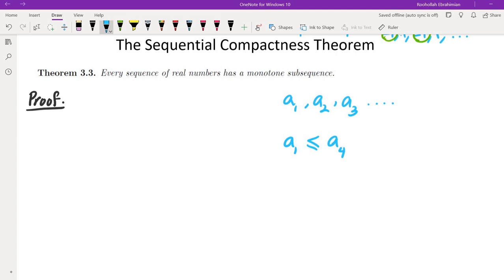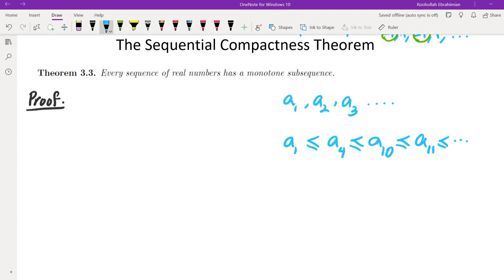Let's say there's something more than a4, perhaps a10. And if there is a later index whose term is more than a10, I will pick that, and so on. If I can continue this process forever, then I will be done.